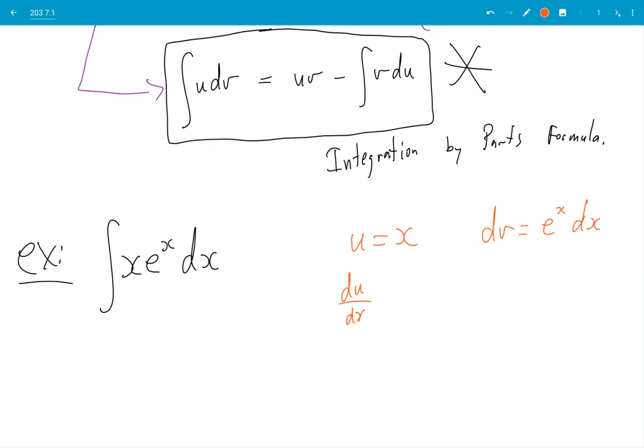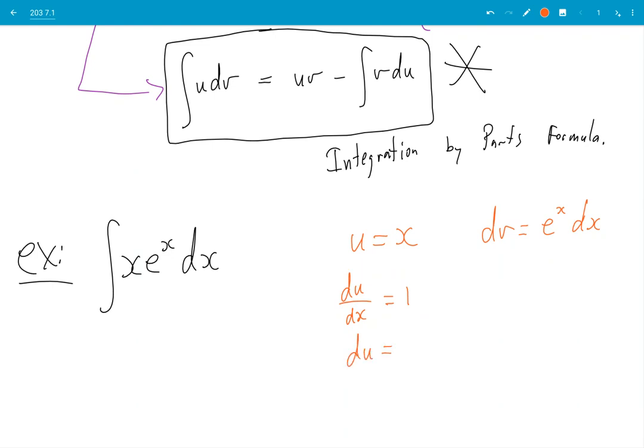Okay, so now I do derivatives to find some other things. You'll notice that I'm going to need v over here, and I'm going to need du also. So du/dx is 1.